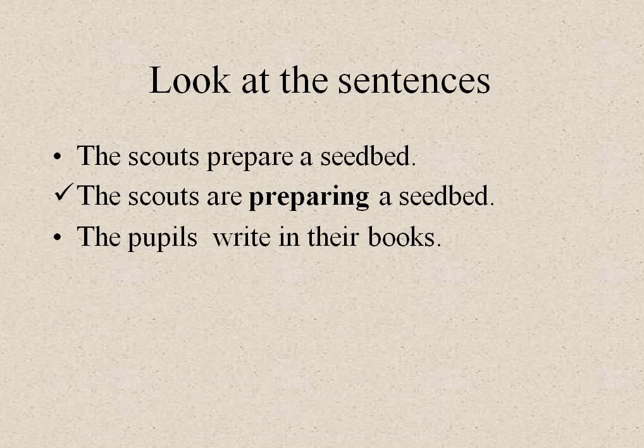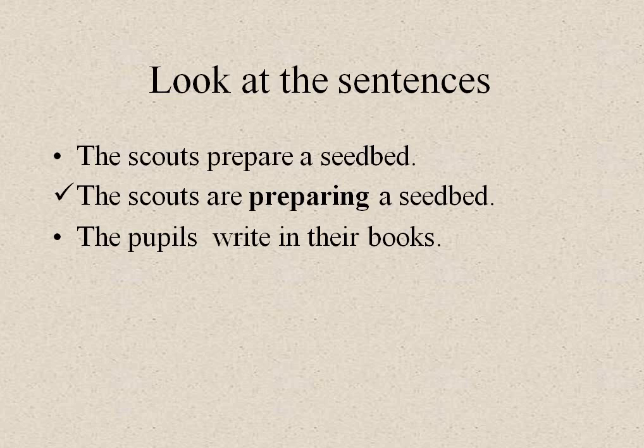The pupils write in their books. So who are the pupils? An example of a pupil in singular is you yourself. So a group of children in class are described as pupils. So here they are saying the pupils write in their books.